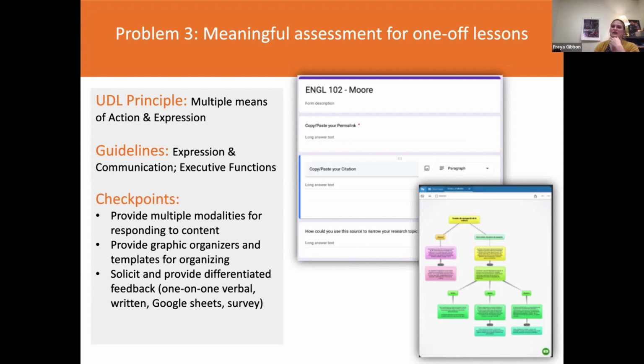So if you're doing a brainstorming activity that you're then going to pull keywords from and go into the databases, maybe they want to do it on paper, maybe they want to write with their hands, maybe they would prefer to do it on a platform like bubble.us, which is this other picture that you can see here. So having that flexibility, having those options and choice gives students different ways of expressing themselves, and it also gives you different ways of getting feedback from students.